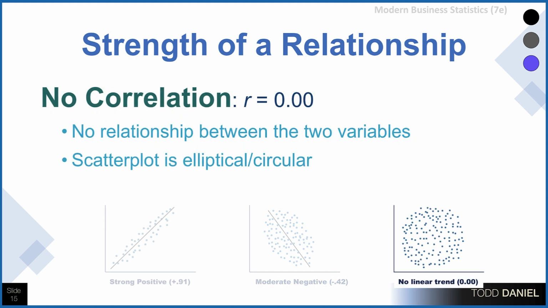And when there is no trend among these data points, then R collapses to 0, and there is no relationship between the variables. The scatter plot becomes circular or elliptical, cloud-shaped. There is no relationship that is evident just by looking at those dots.